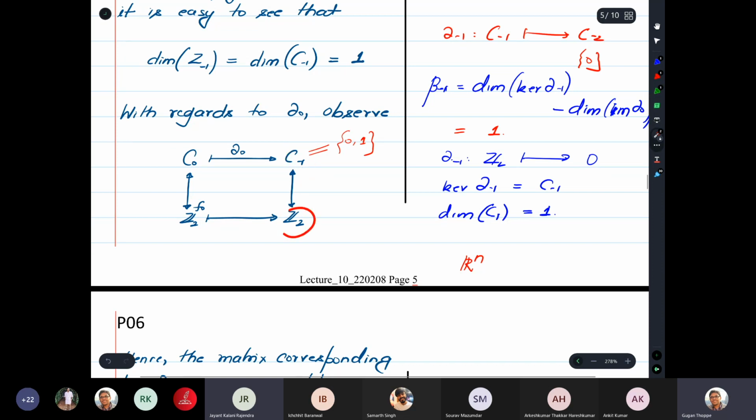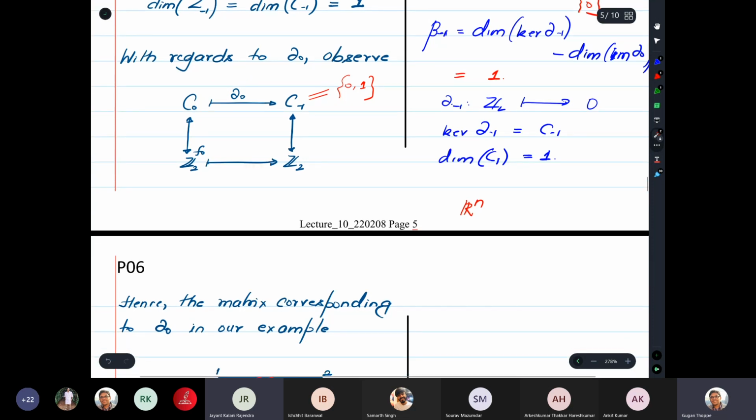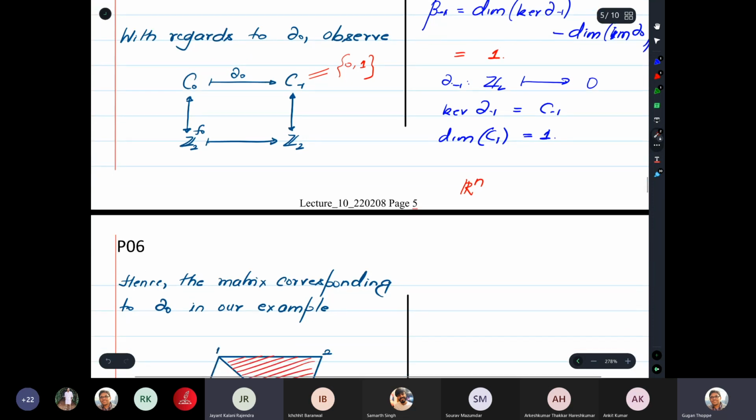Now one can ask about the matrix representation of this linear operator. First, the matrix will have dimension 1 cross f_0.